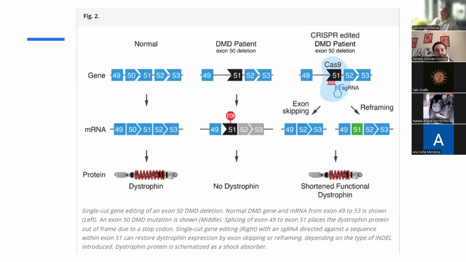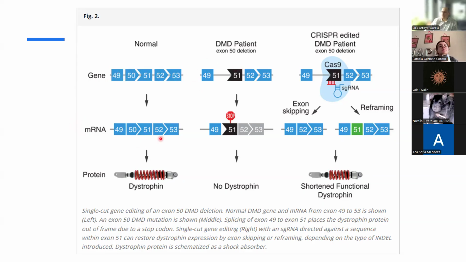So here we have a normal gene, for example. I think it was for Duchenne's. And then we have gene 49, 50, 51, 52, and 53.